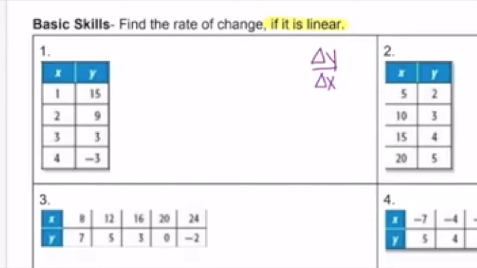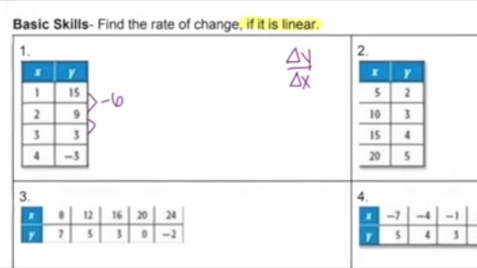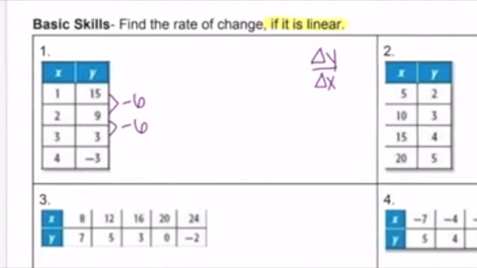Looking at the y values, to get from 15 to 9, that went down by 6. From 9 to 3, that also went down by 6. And from 3 down to -3, that also went down by 6.